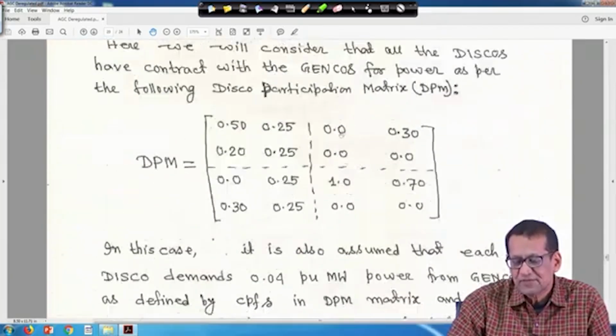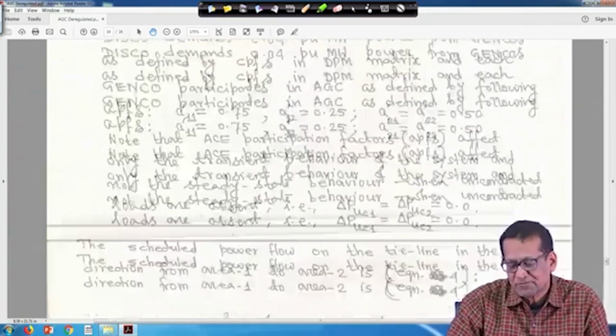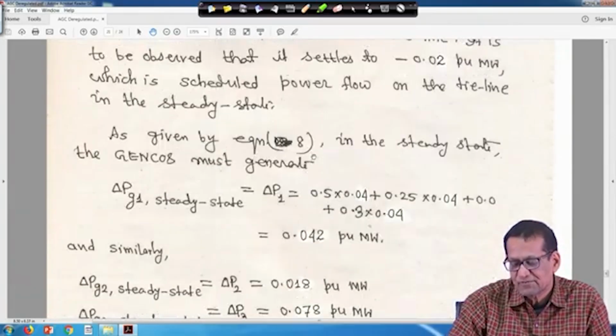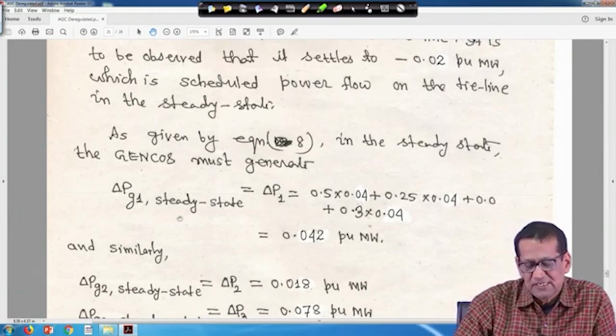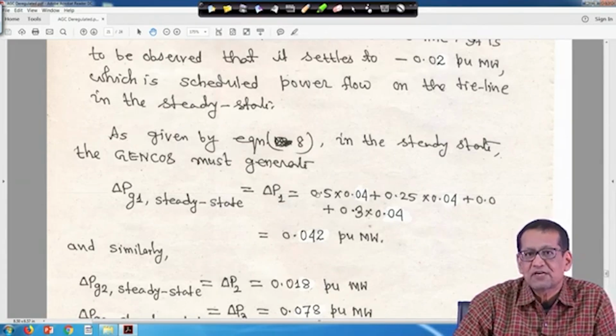But delta PL1, delta PL2, delta PL3 and delta PL4 are all the same, 0.040404. So, delta Pg1 steady state will be 0.042 per unit megawatt, right.